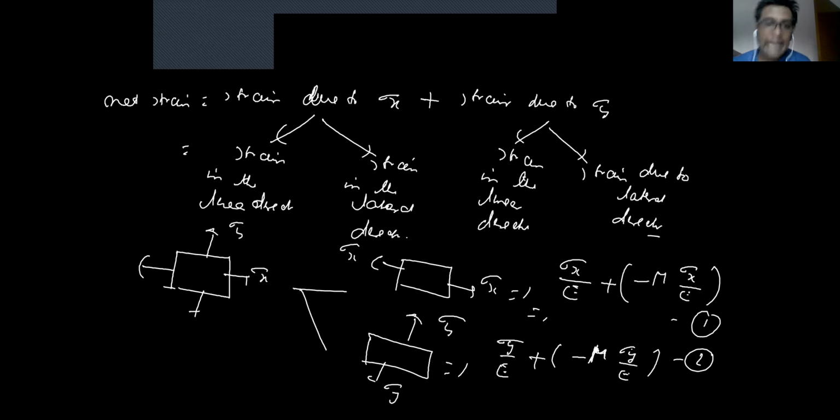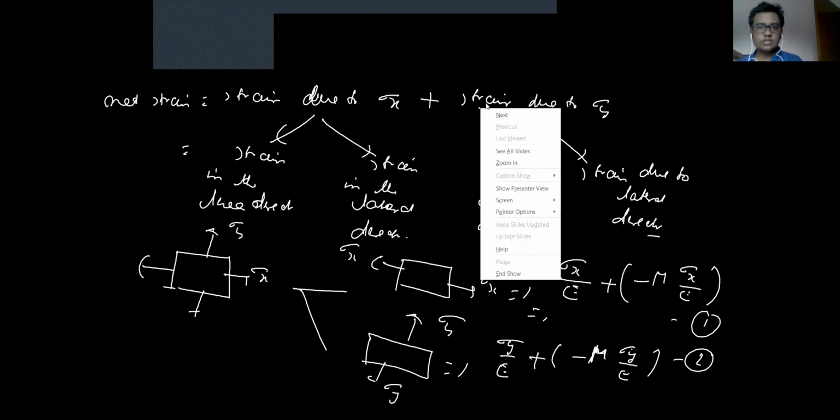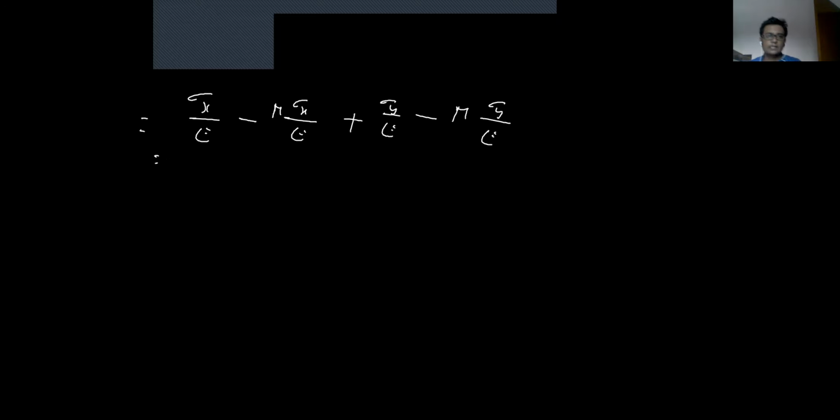We will add them up, and we will see that the net strain will be sigma x upon E minus mu sigma x upon E plus sigma y upon E minus mu sigma y upon E. This is the net strain in this body, right?